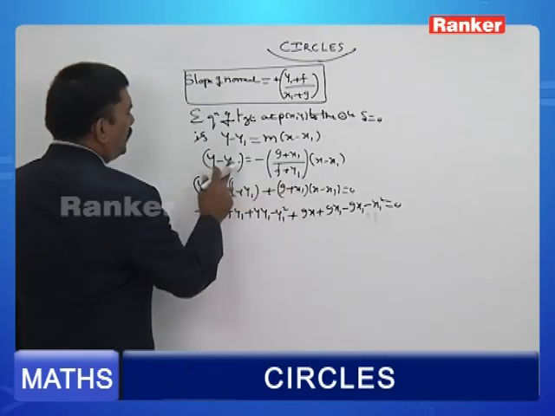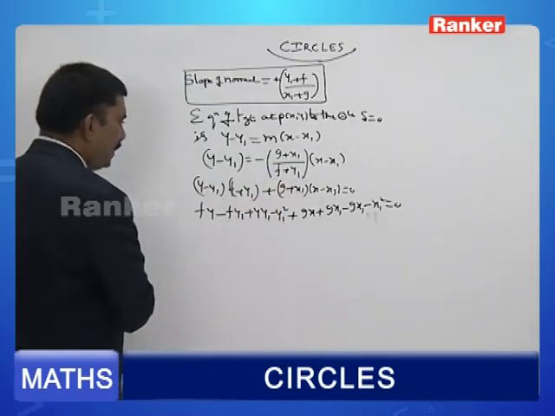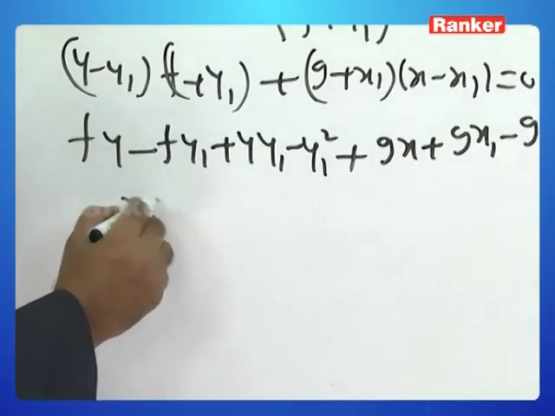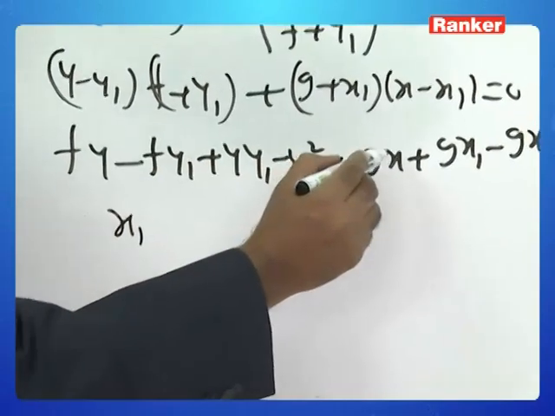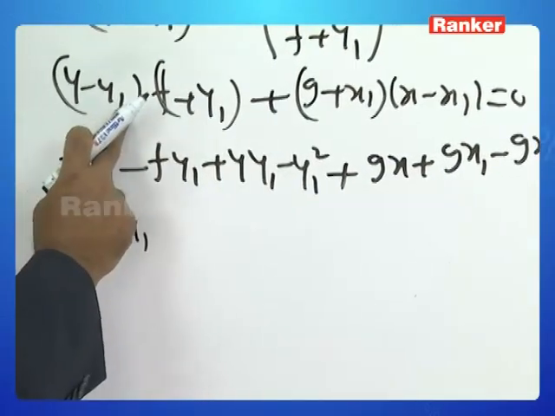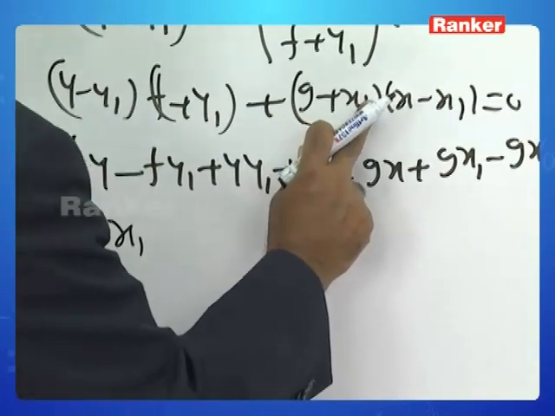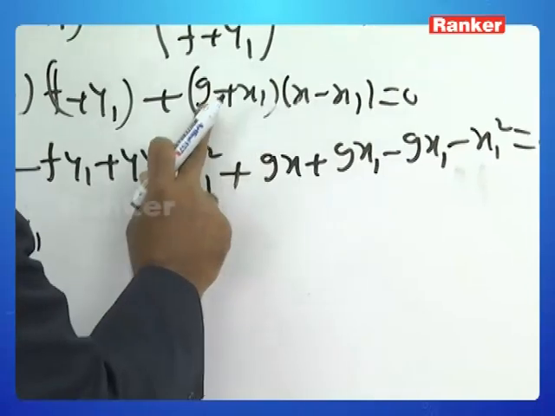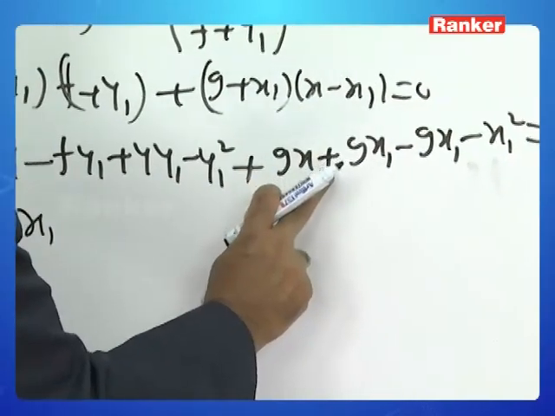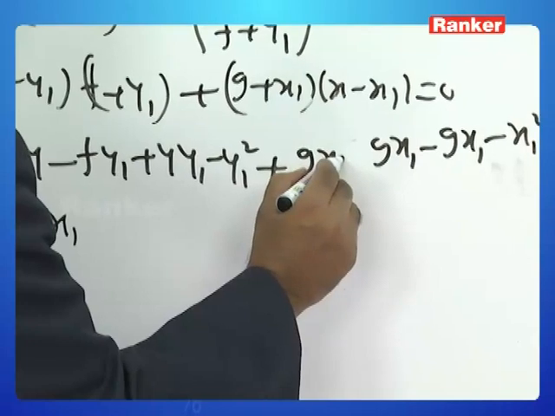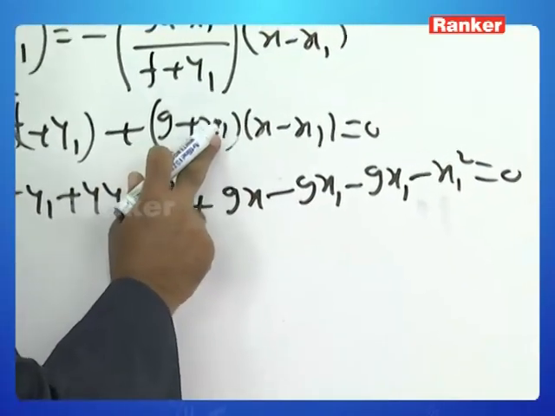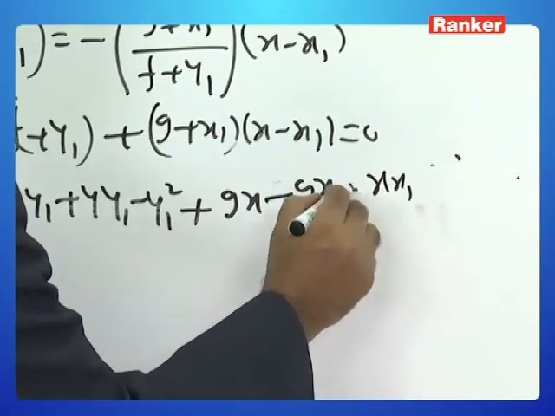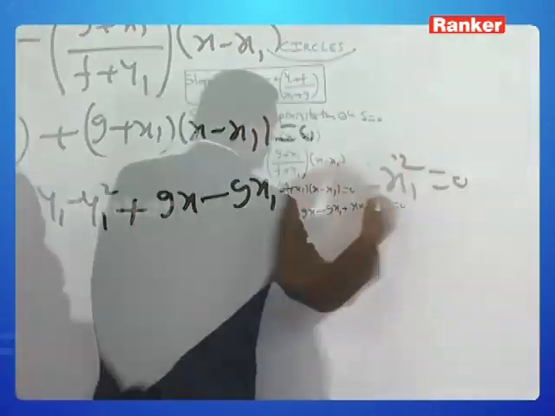So therefore, cross multiply, this becomes x1 square. So xx1 minus gx1 minus gx1, next this becomes xx1 plus xx1 minus x1 square is equal to 0.